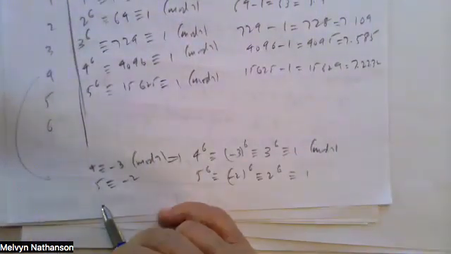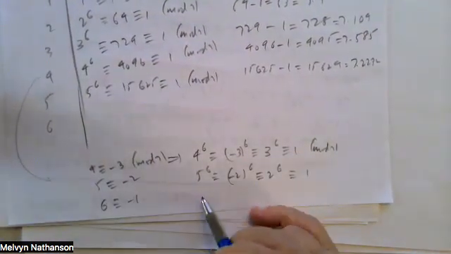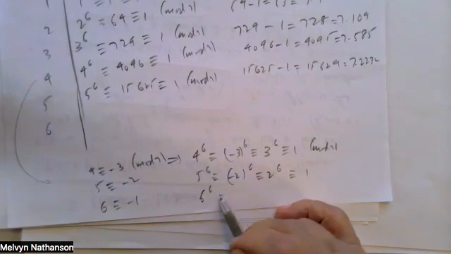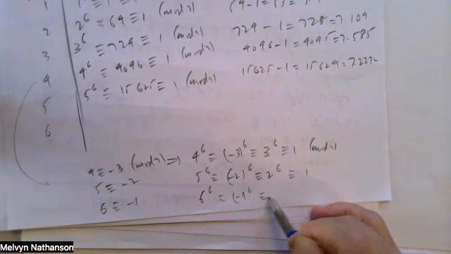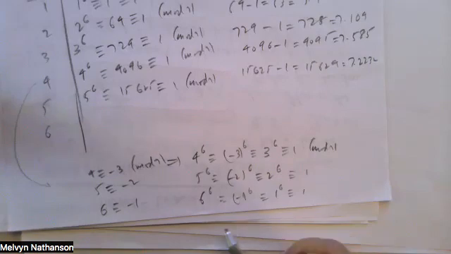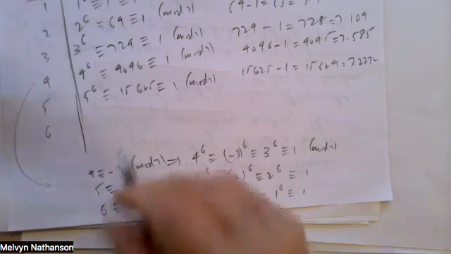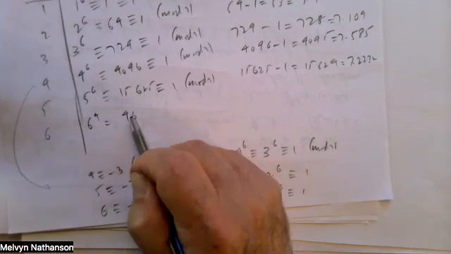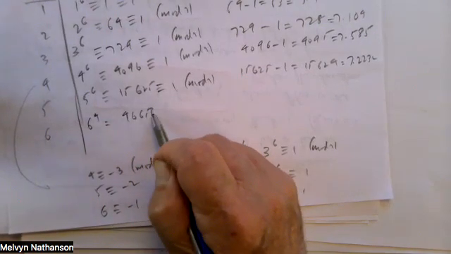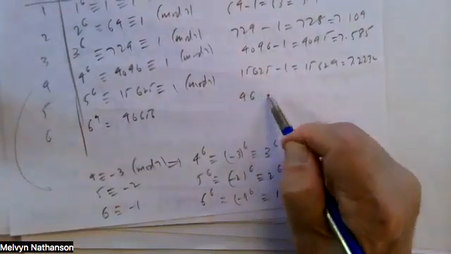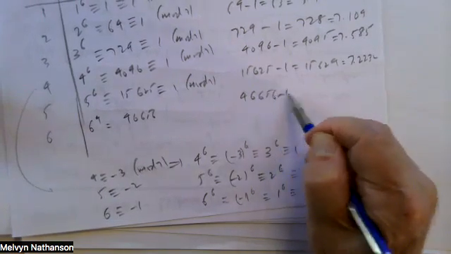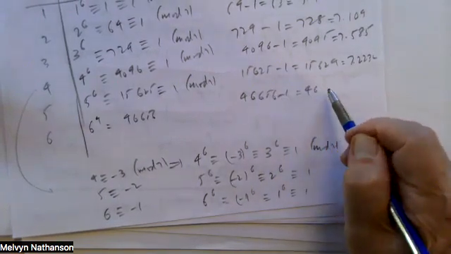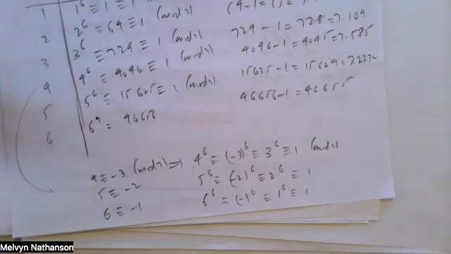And finally with 6, again, 6 is congruent to minus 1. So 6 to the 6th is minus 1 to the 6th, is 1 to the 6th, is 1 mod 7. Or, again, I could do it the hard way. 6 to the power 6 is 46,656. 46,656 minus 1 is 46,655.